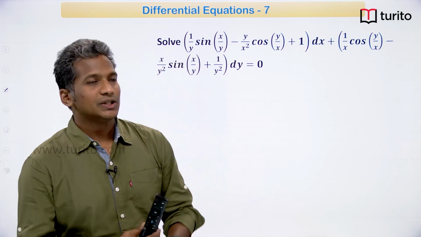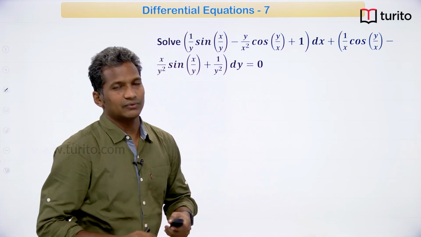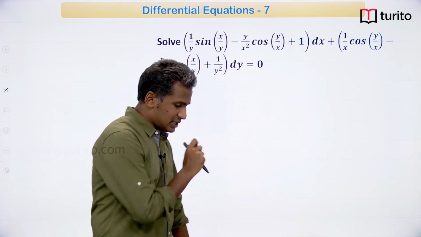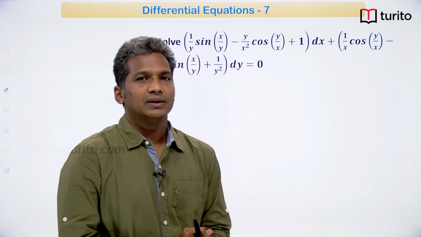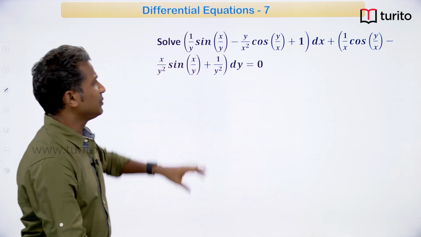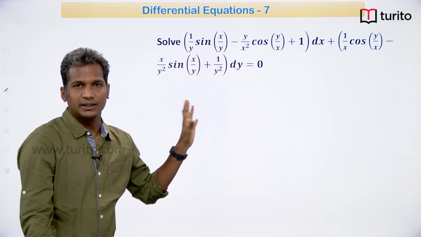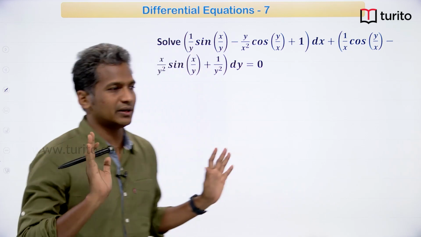So the method that I am applying here is the exact forms. This is just an example of how confusing it could be. It may look like homogeneous, but it is not. So let me use the exact forms idea here. That is all for the discussion. Let us proceed into the solving now.